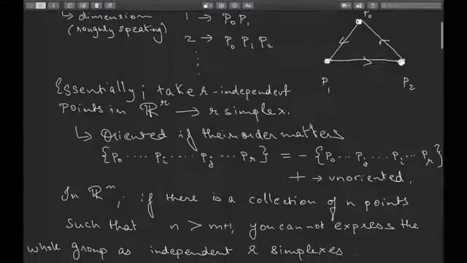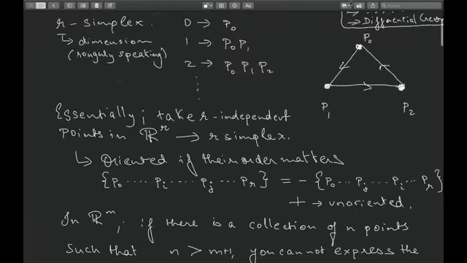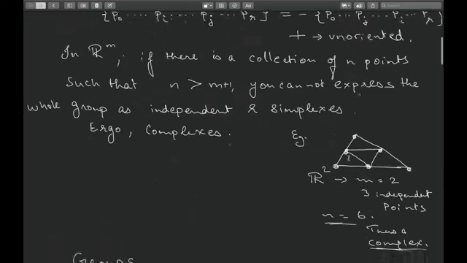But what if there are some non-independent points? For example, what if there are 3 points along the same line, as we will see here? This kind of structure gives you a collection of simplexes.